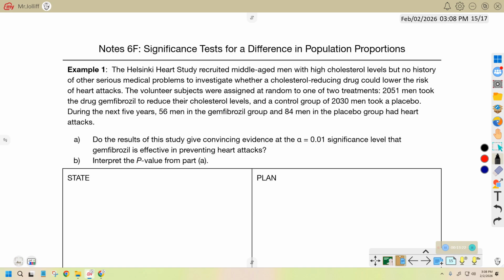During the next 5 years, 56 men in the medication group and 84 men in the placebo group had heart attacks. Do the results of this study give convincing evidence at alpha equals 0.01 significance level that the medication is effective in preventing heart attacks? Interpret your p-value from part A.